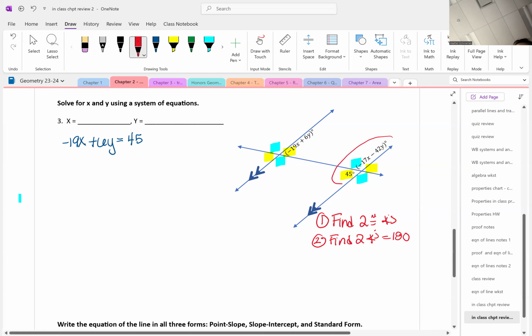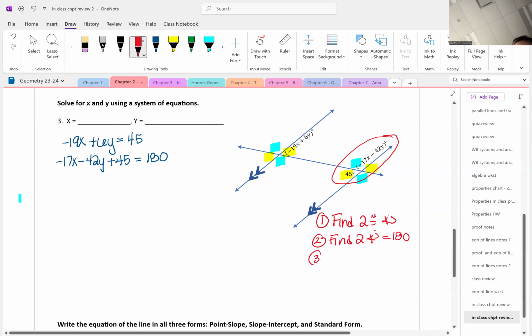And right here, we have a linear pair. And we know they add to 180 because we got an acute and obtuse, a yellow and a blue. So my second equation is going to be negative 17x minus 42y plus 45, because I need both of them. Here's one, here's the other. I need both to equal 180.